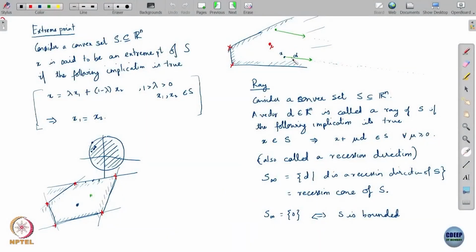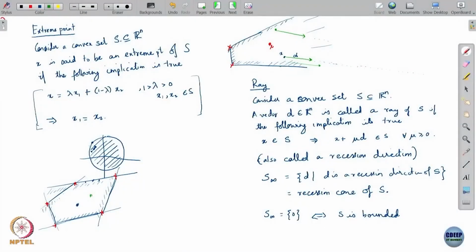Which ray are you referring to? This one? If it's in the interior, that's not an extreme ray. So the ones that I am calling extreme rays are these directions.